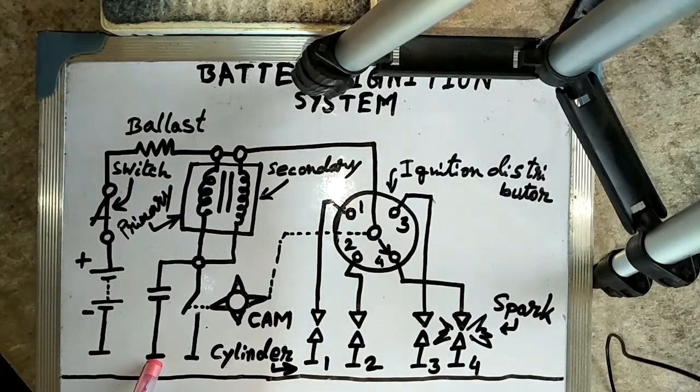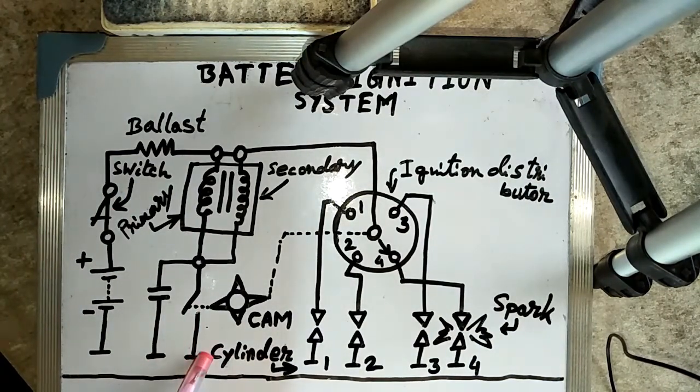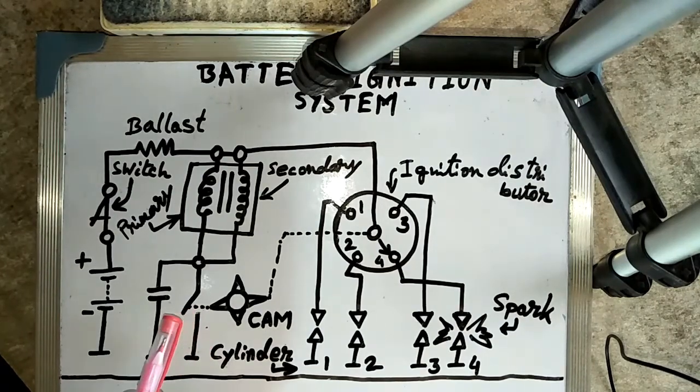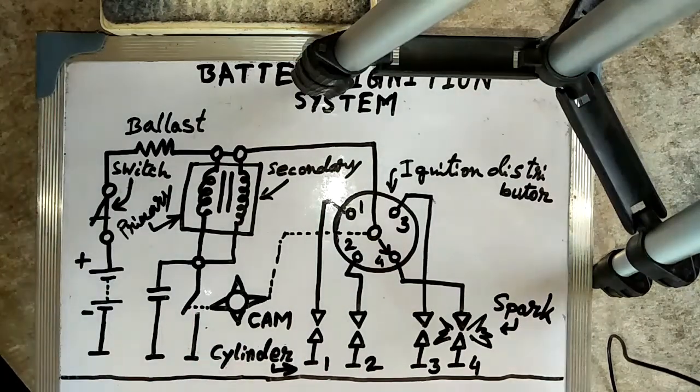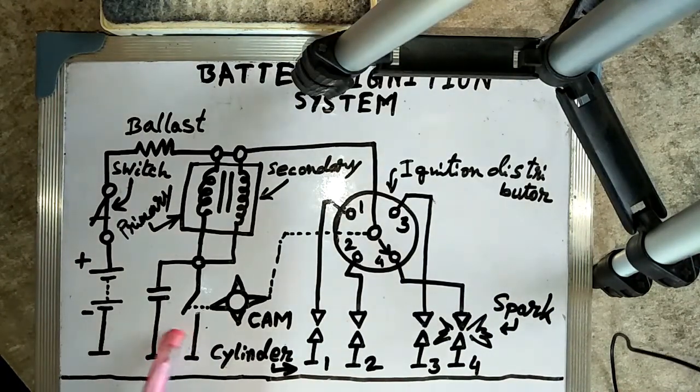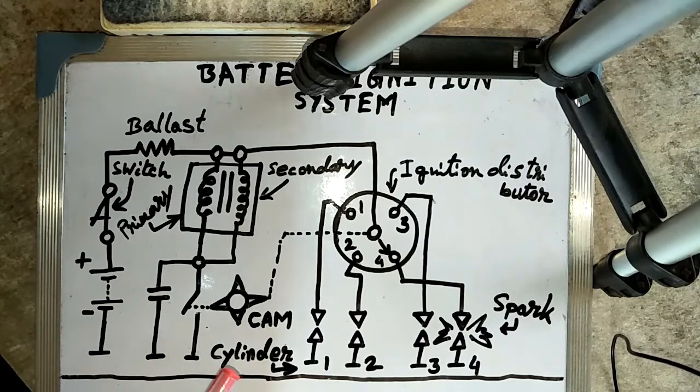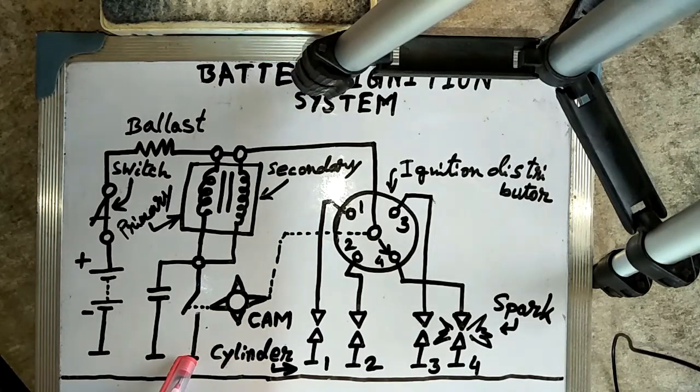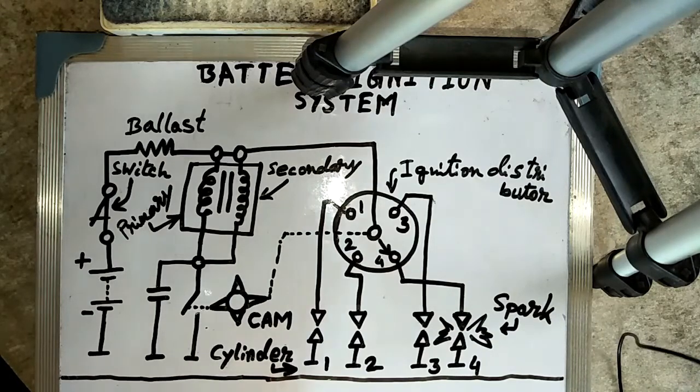The ignition capacitor is connected in parallel with the contact breaker. One end of the secondary winding is also grounded, and the other end is connected through the distributor and the high tension ignition cable to the center electrode of the spark plug.